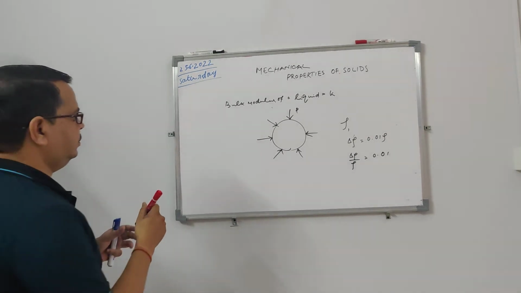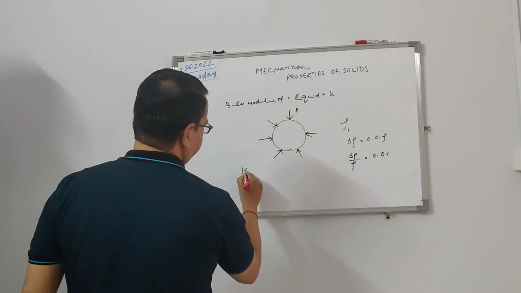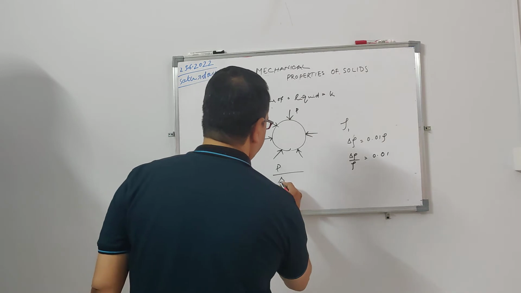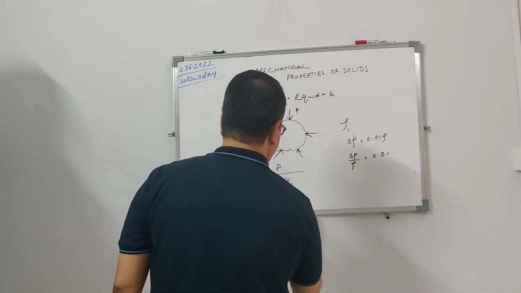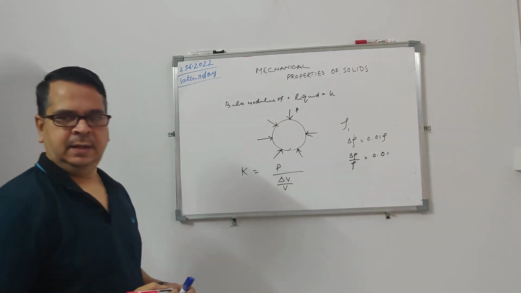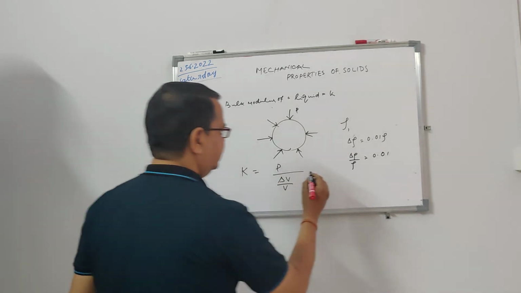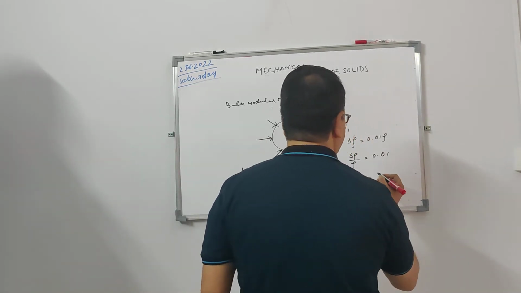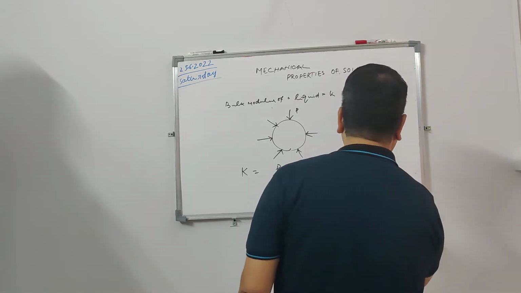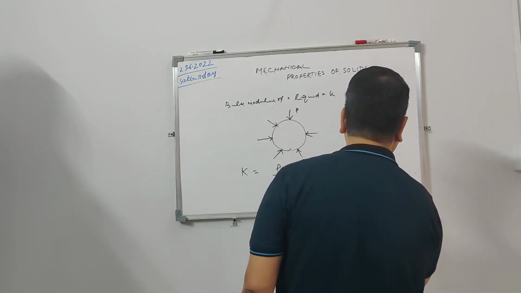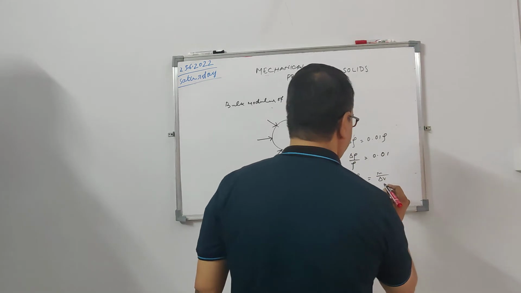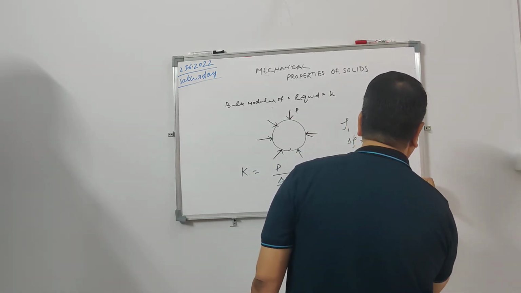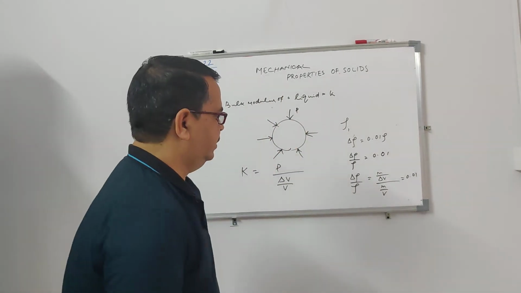You know your bulk modulus is equal to pressure divided by delta V by V. This is the equation. Now delta rho by rho, with rho as mass per unit volume, is m by delta V divided by m by V, equal to 0.01. The mass cancels, so it becomes V by delta V is equal to 0.01.